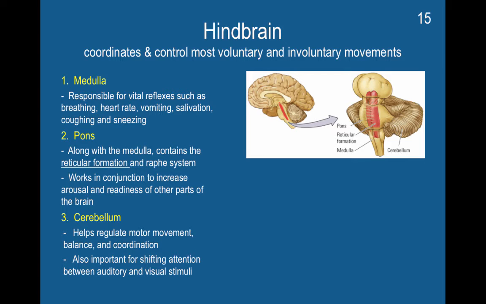So this would work with other parts of your forebrain, your hypothalamus, your thalamus, and other parts of your cortex to get you ready. Then you have the cerebellum. This helps regulate motor movement, balance, and coordination. It is also important for shifting attention between auditory and visual, and we'll be talking more about that later on. So these structures make up the hindbrain.